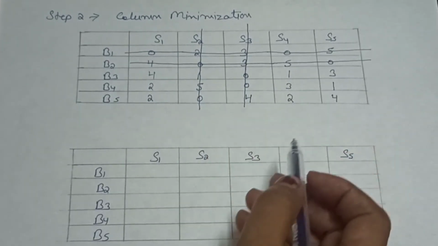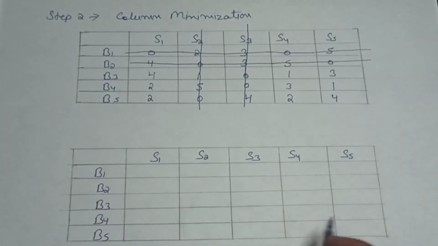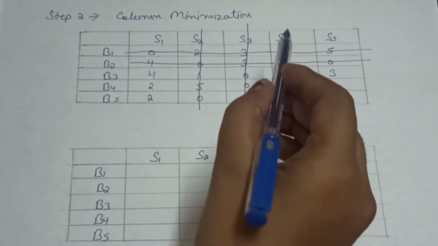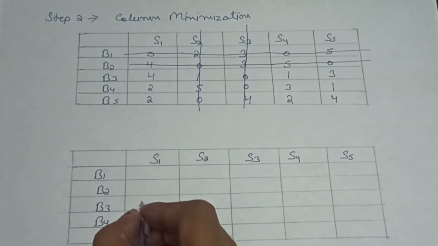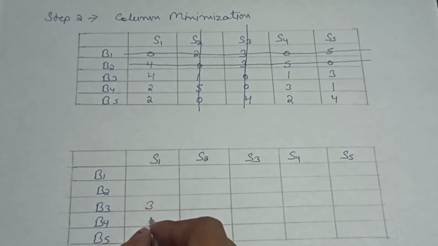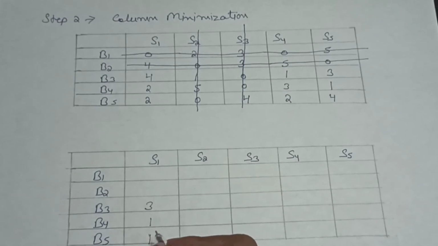And now what will we do? We will calculate our new matrix. In this matrix, what do we have to do? First of all, we select this element 4. 4 minus 1. We will subtract this 1 from all these uncovered elements. So now 4 minus 1 is equal to 3. 2 minus 1 is equal to 1. 2 minus 1 is equal to 1.